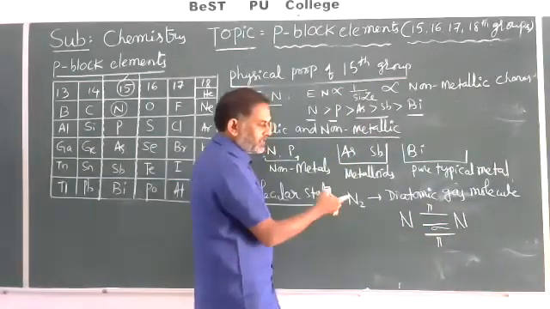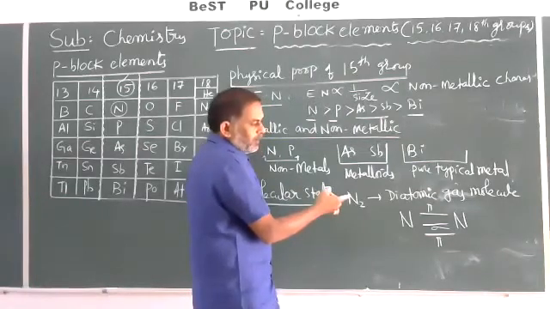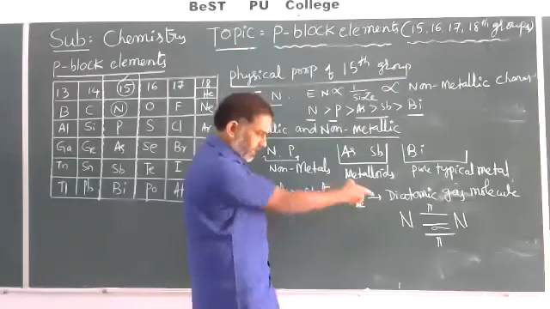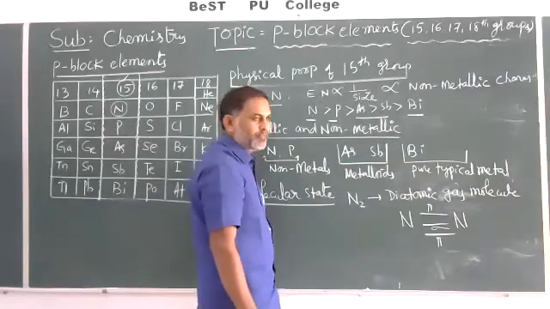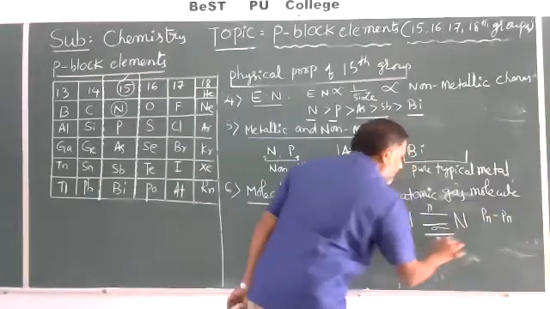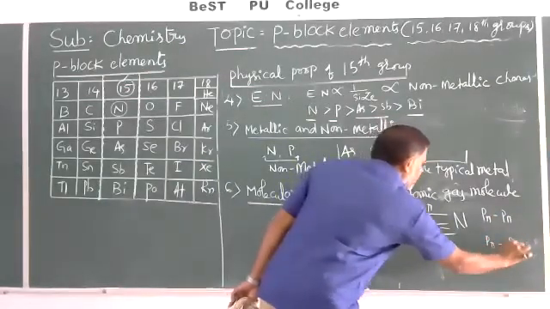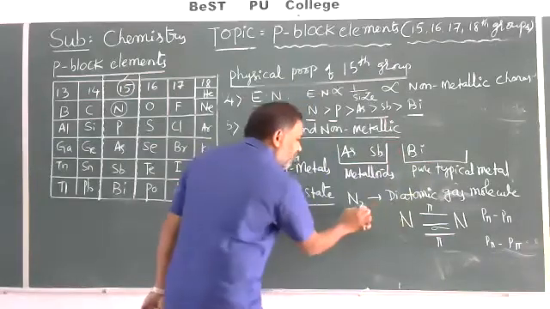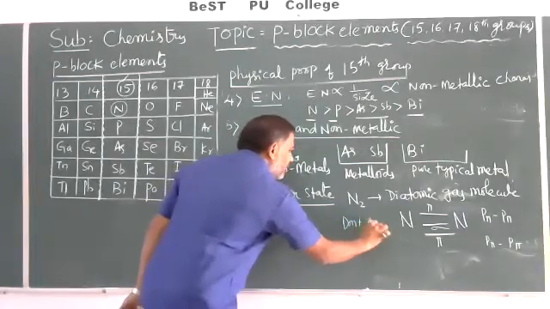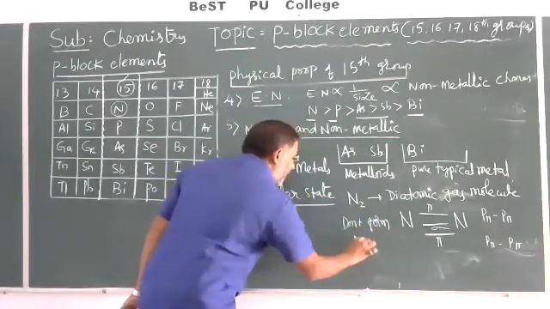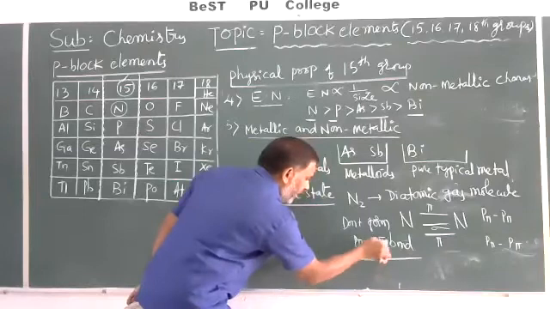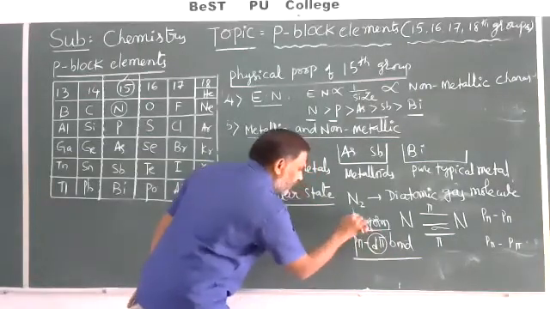In the last class I explained about one p-pi bond, and one student asked what is p-pi and d-pi. Now I will explain p-pi and d-pi bonds. Here the two pi bonds are p-pi and p-pi. The nitrogen molecule does not form p-pi and d-pi bonds.